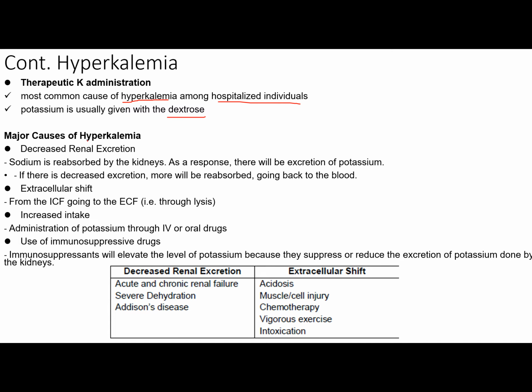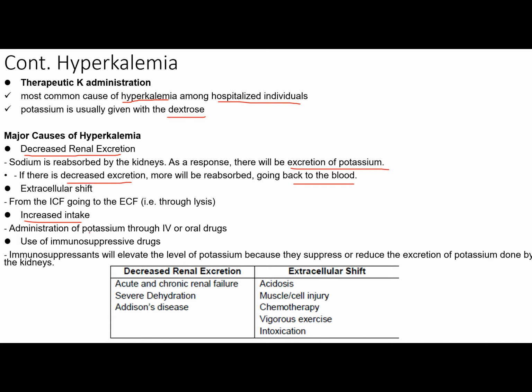Now, major causes of hyperkalemia would include decreased renal excretion. Sodium is absorbed by the kidney. As a response, there would be excretion of potassium. If there is decreased excretion, more will be reabsorbed going back to the blood. Then we have the extracellular shift, wherein potassium moves from the ICF to the ECF. An example is lysis. From inside the cell, class, potassium will go outside and enter the plasma.